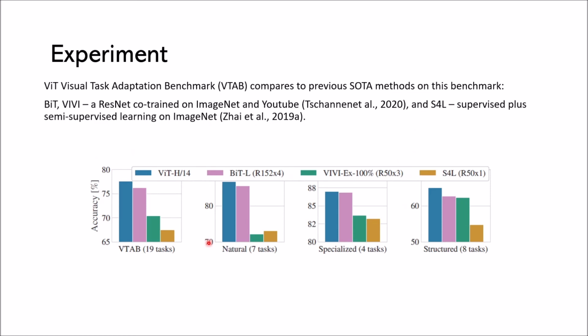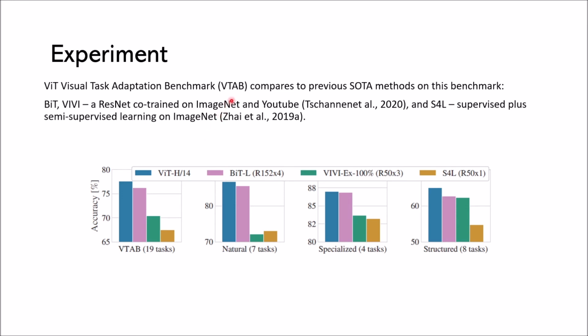Also, they try to do experiments on the Visual Task Adaptation Benchmark. This benchmark is used to define a good general visual representation for unseen tasks, that is, whether the model works well on different tasks. As you can see, there are 19 tasks divided into natural, specialized, and structured tasks.